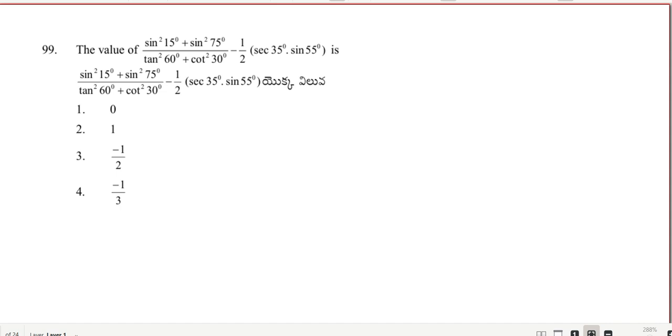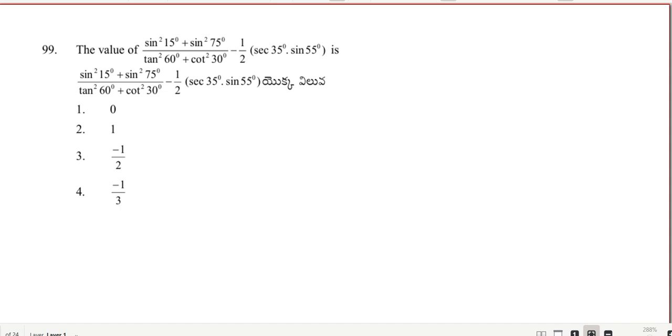The value of sine square 15 degrees plus sine square 75 degrees by tan square 60 degrees plus cot square 30 degrees, minus 1 by 2 times sec 35 into sine 55 degrees is.